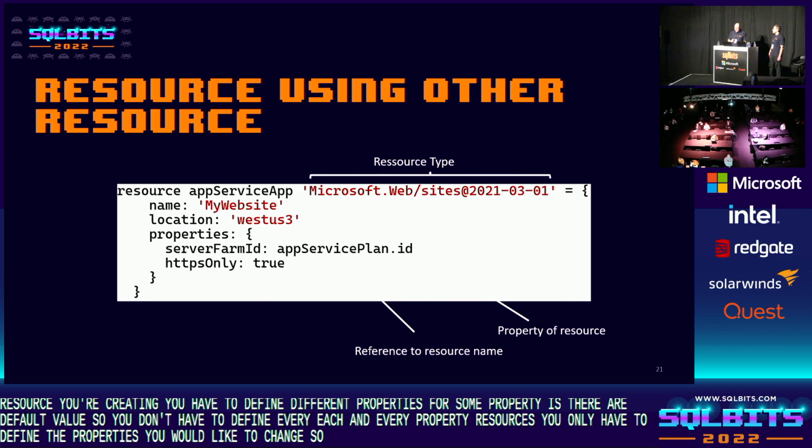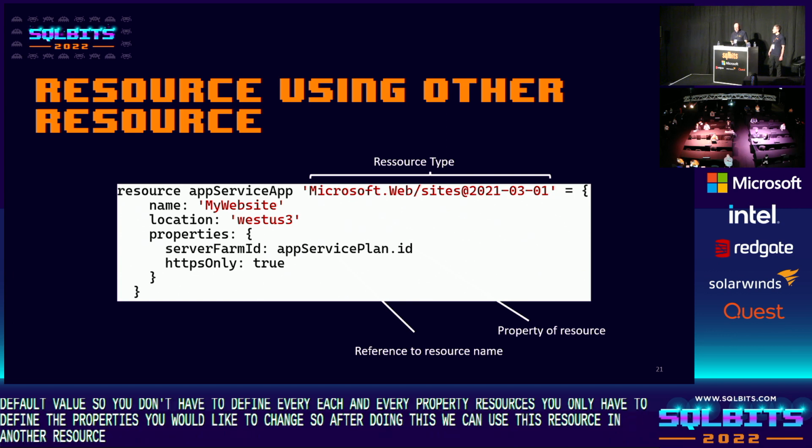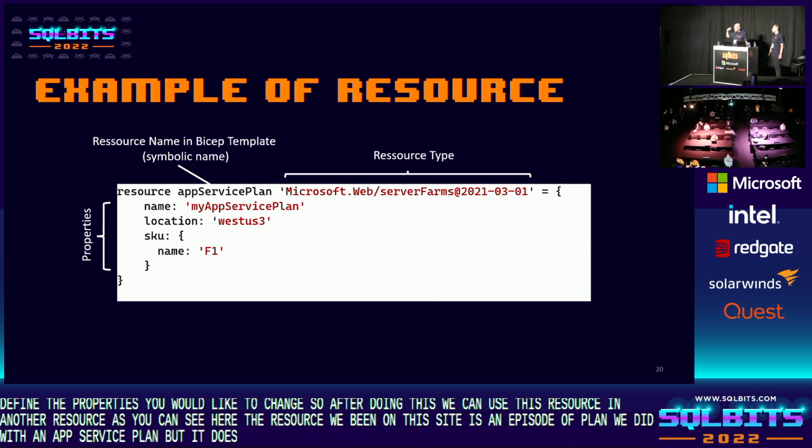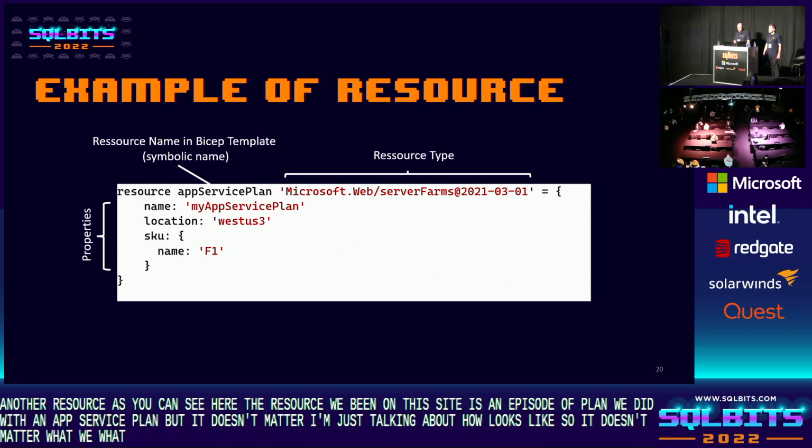So after doing this, we can use this resource in another resource. The resource we did on this slide is an app service plan, but it doesn't matter. I'm just talking about how a Bicep script looks, so it doesn't matter what component we use here.